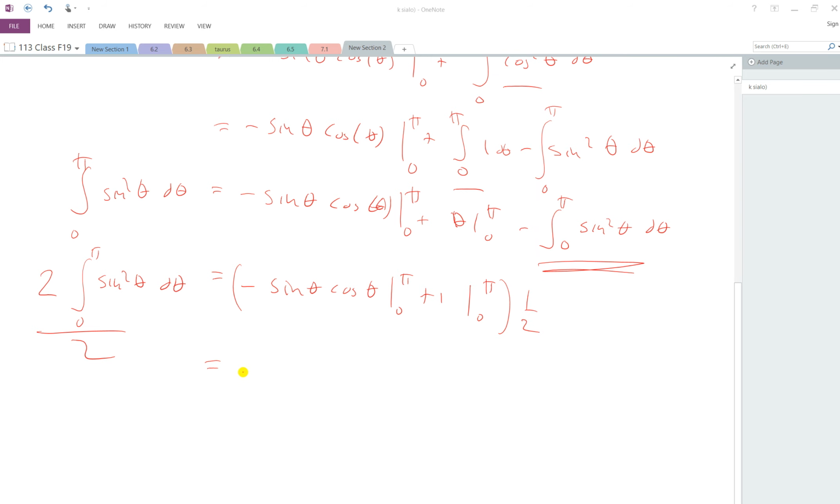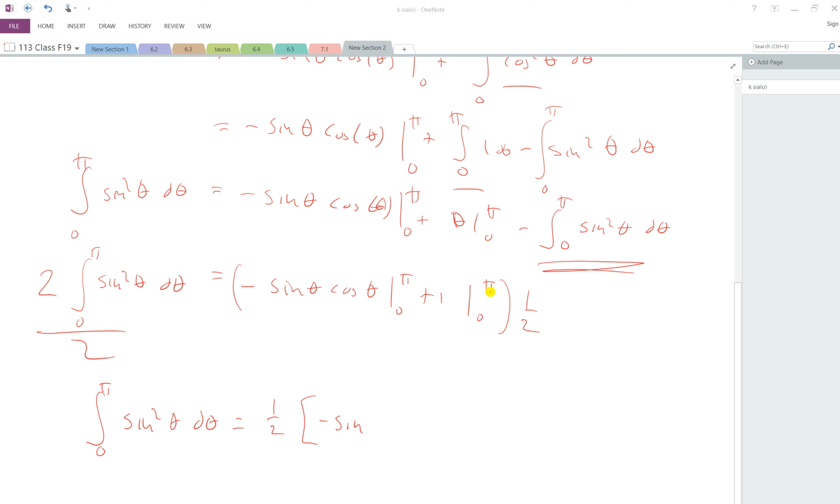So this side is now equal to my original problem I've been trying to solve, and that must be equal to 1/2 times a minus sine.